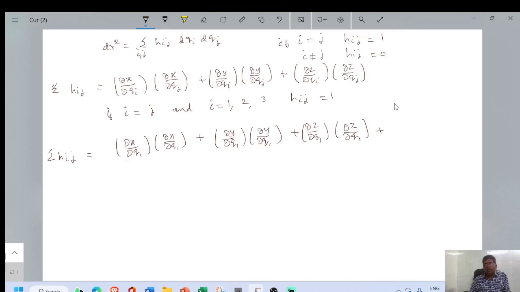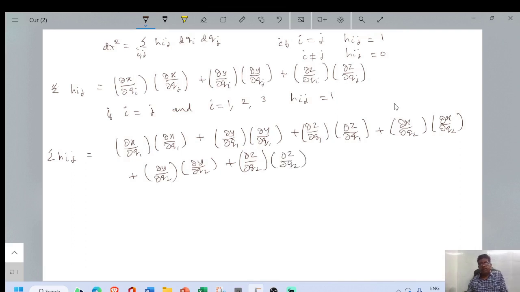Apply the second condition. ∂x/∂q2 and ∂x/∂q2, because i equal to j equal to 2, plus ∂y/∂q2 into ∂y/∂q2 plus ∂z/∂q2 into ∂z/∂q2.